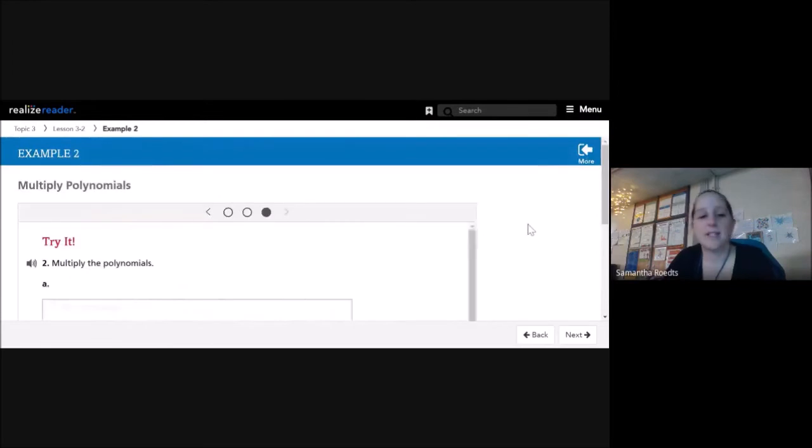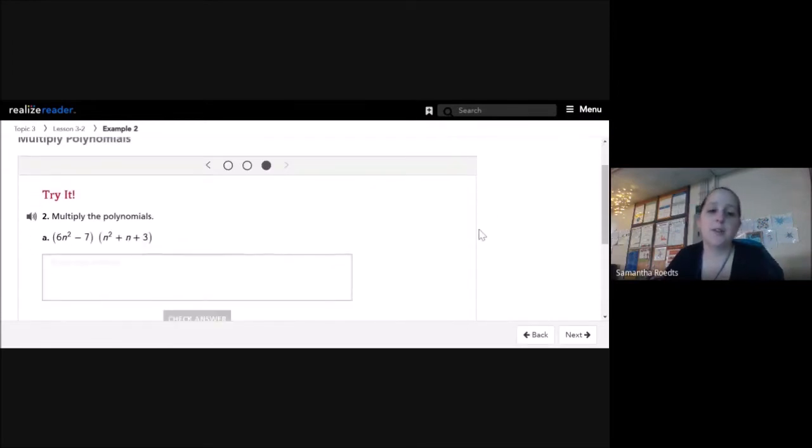All right, now we get to do it. So multiply the polynomials. 6n squared minus 7 times n squared plus n plus 3. So I'm going to multiply 6n squared times n squared plus n plus 3. And then I'm going to add negative 7 times n squared plus n plus 3. It's really important that you include these signs, okay?